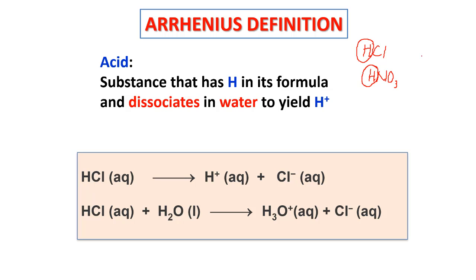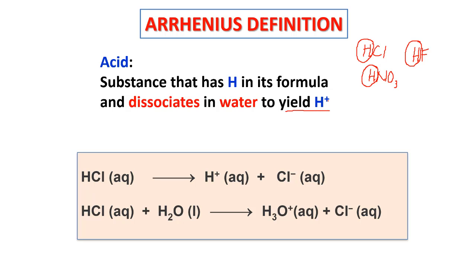Contoh yang lain, kalau saya ada hydrofluoric acid, it also contains hydrogen in its chemical formula. So, Arrhenius state that when this substance, which contain hydrogen in its formula, dissociates in water, it will yield hydrogen ion.